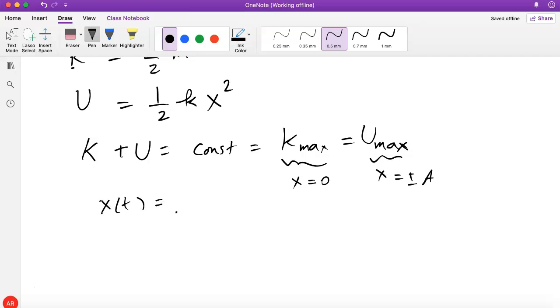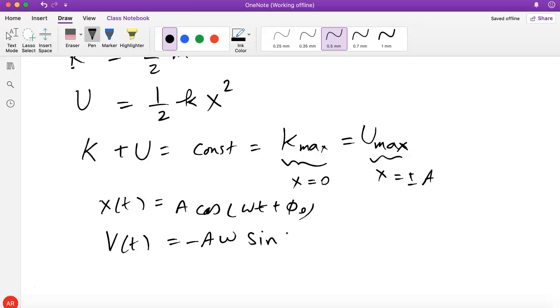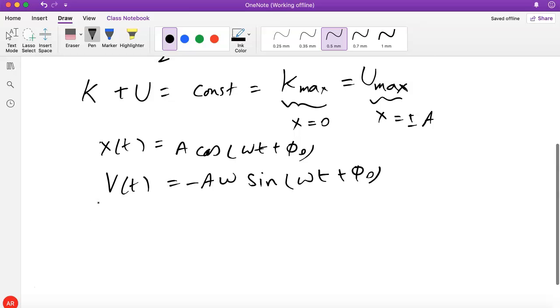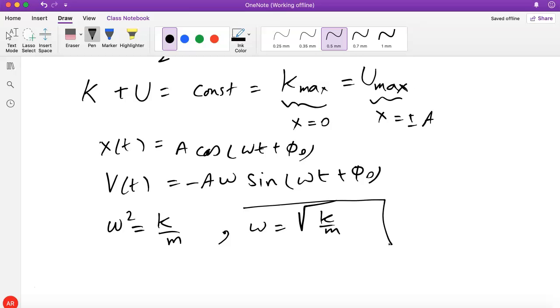One important thing we found from using energy conservation and, of course, the kinematics of simple harmonic motion, namely x of t being A cosine of omega t plus the phase constant, and v of t being minus A omega sine of omega t plus the phase constant. From these and energy conservation, basically the constraint that the maximum kinetic energy is equal to the maximum potential energy, we found that omega squared was k over m, or omega is the square root of k over m.